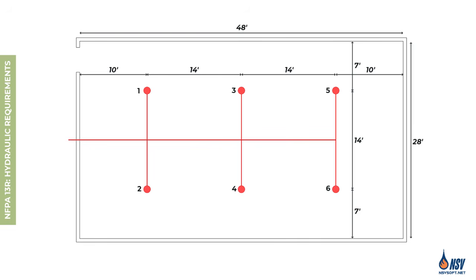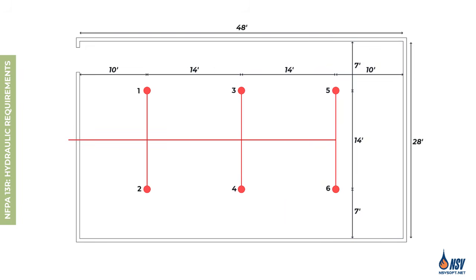In this figure, the coverage area of sprinklers 1, 2, 5, and 6 is 20 by 20 feet, while sprinklers 3 and 4 cover 14 by 14 feet. When selecting the sprinklers for the design area, we should choose sprinklers 3, 4, 5, and 6 because they are adjacent to each other and are located farther from the water supply, resulting in a greater hydraulic demand.